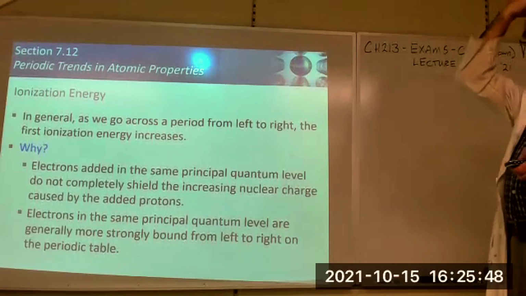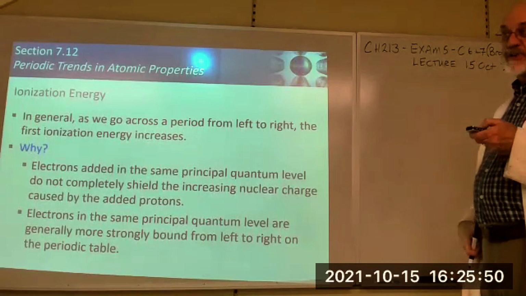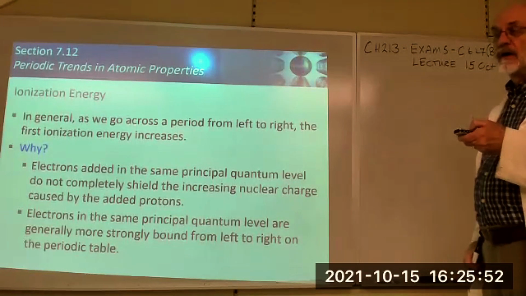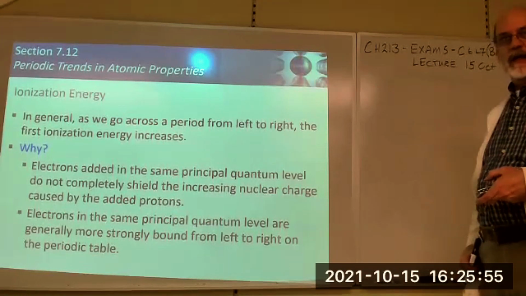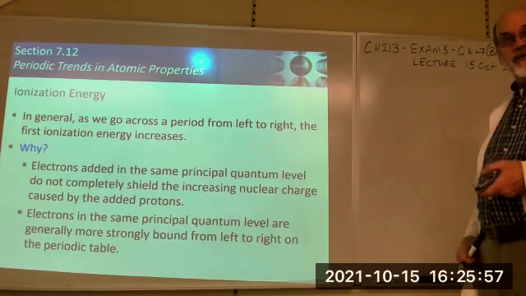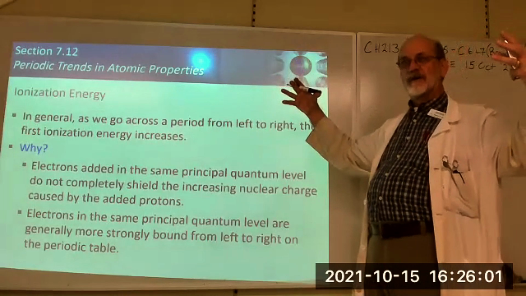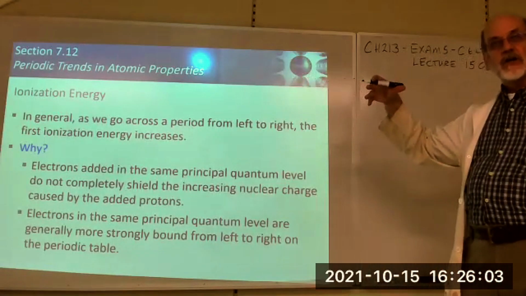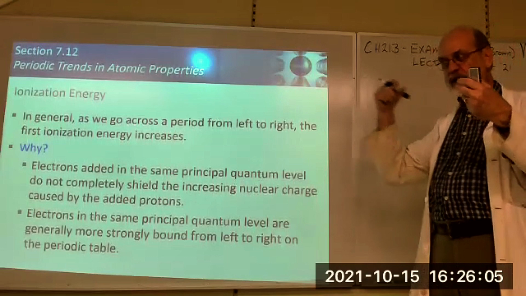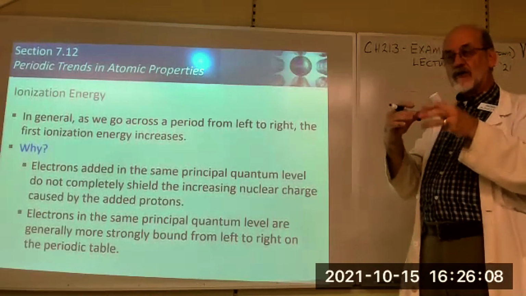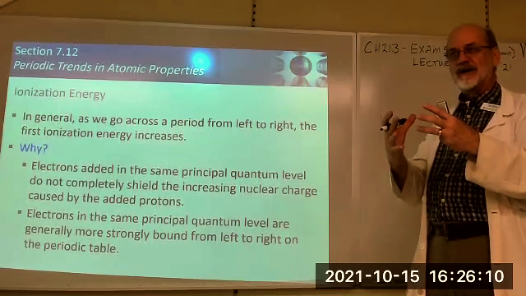As you go down in a group, it takes less energy to remove an electron. The reason for that is that outer electron is further from the nucleus. Even though you've got more protons, you've also got more electrons in between you and the nucleus that are shielding you from that charge.